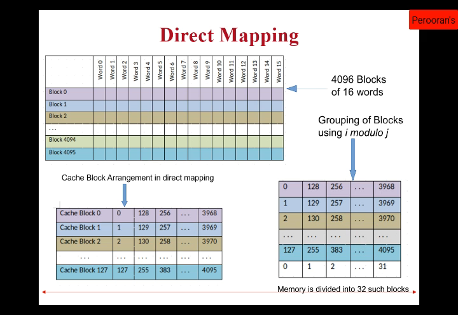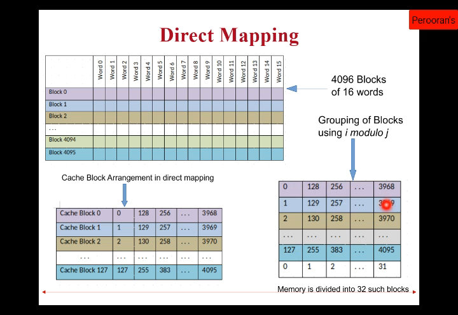In the first group, we will represent 0, 128, 256. All these blocks will be considered as a single one. And 1, 129, 257 up to 3969. These blocks will be treated as a single one.